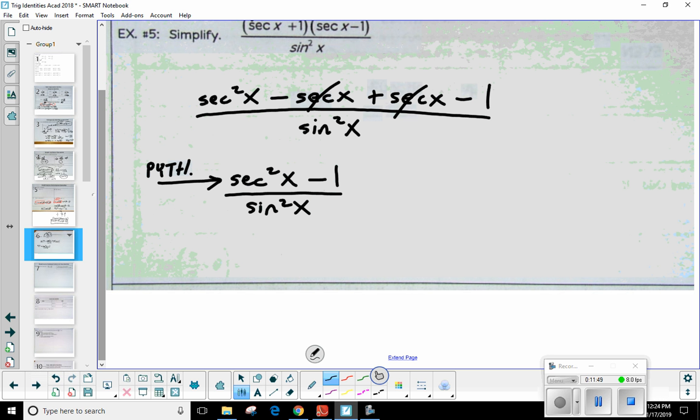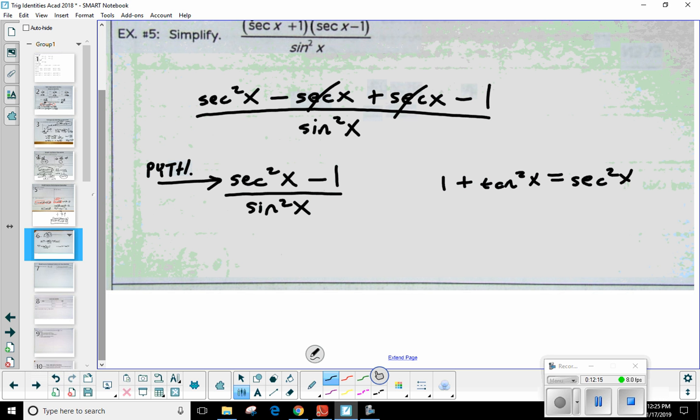Okay, so let me see if I can catch up to you. You may not be done, and that's okay. What Pythagorean identity was I referring to? The second one. Okay, so that is 1 plus tangent squared of x equals secant squared of x, right? So that Pythagorean has a secant squared and a 1, but I want to make that equation look like that.